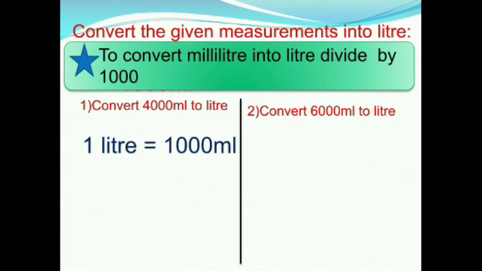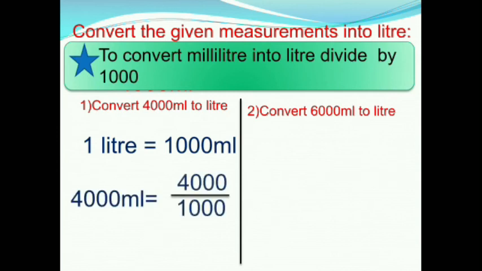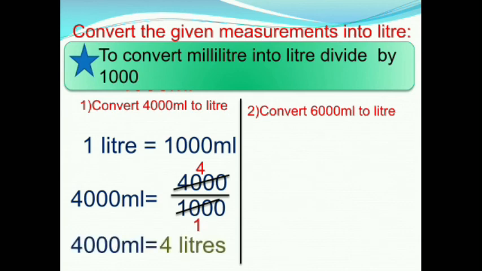Yes, 1 liter is equals to 1000 ml. To convert 4000 ml to liter, we should divide 4000 by 1000. 1000 ones are 1000. 1000 fours are 4000. Therefore, 4000 ml is equals to 4 liters.